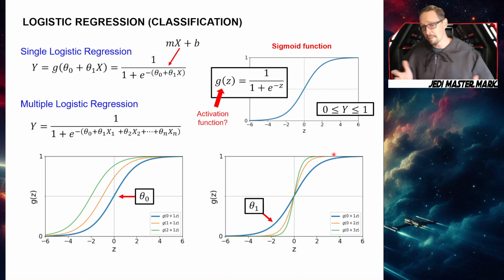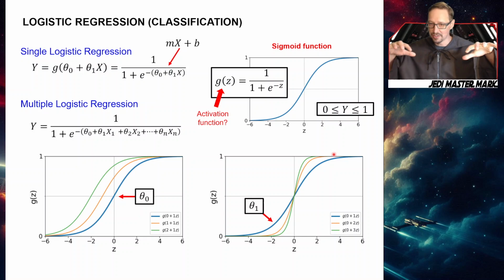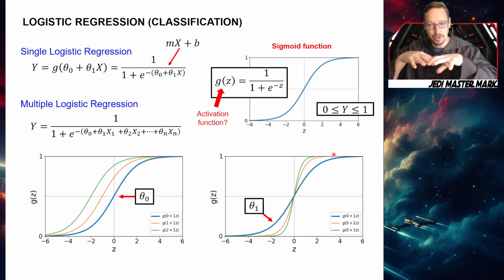Where this comes into play is if you have two distributions that are firmly separated, then it may want to make that a sharp boundary right in between them. But as these two distributions start to overlap more and more, it incentivizes that model parameter to become more diffuse in order to minimize the loss function.